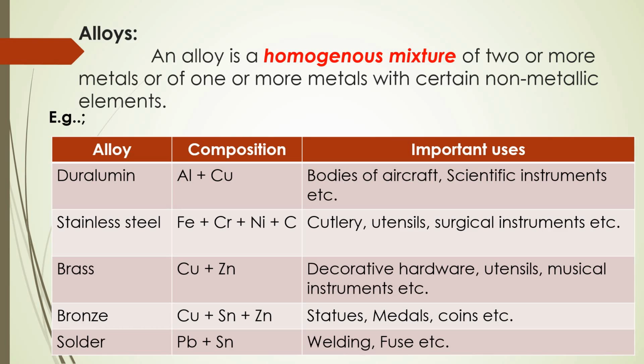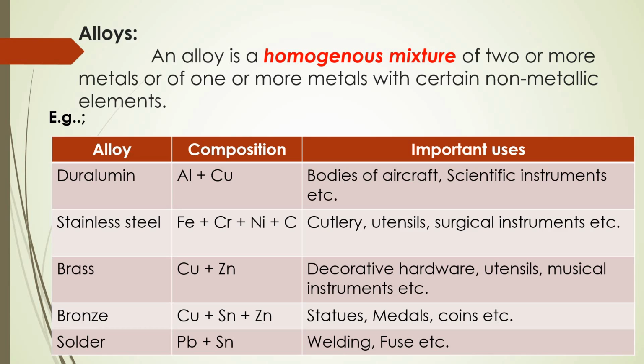The fifth alloy here is solder, and solder is an alloy of lead and tin. It is a very important alloy. It is used in welding, in making fuses of electrical appliances, etc. Due to the addition of tin in lead, the melting point of lead comes down. Therefore, it works very nicely as a fuse.